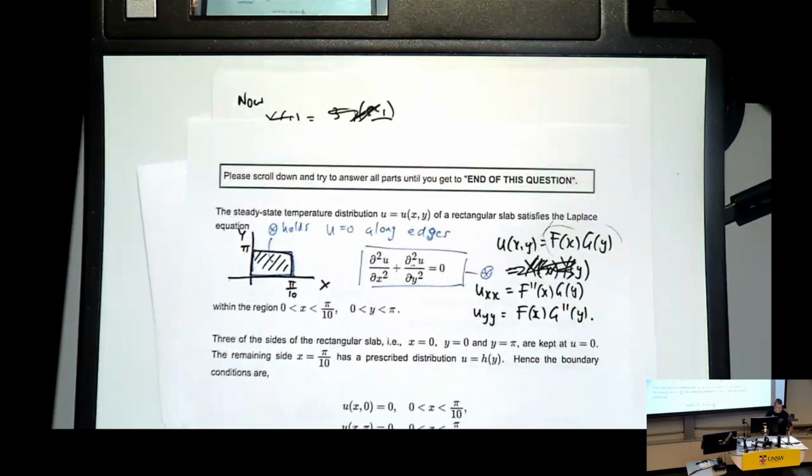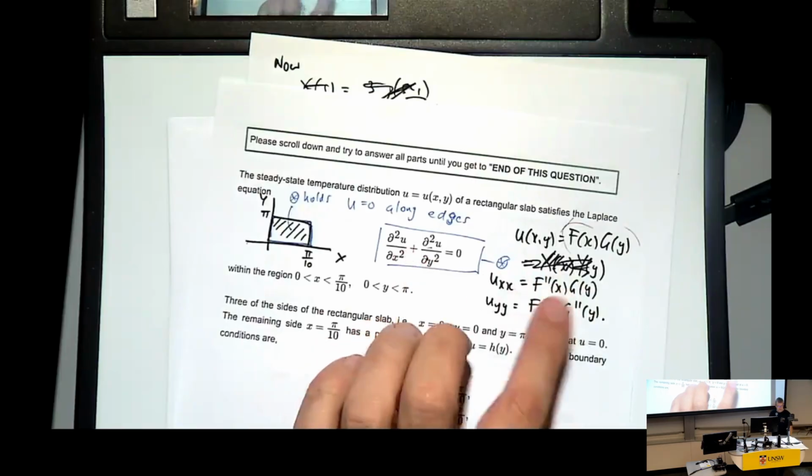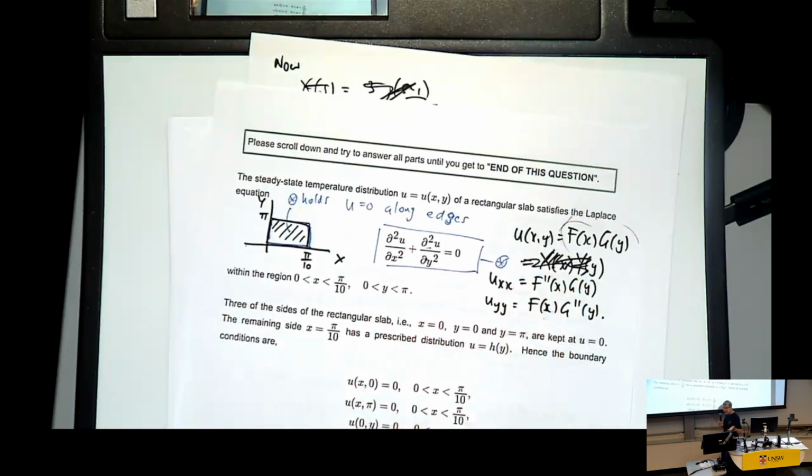So if I was to substitute those forms into there and separate the variables, I'm going to get two sets of equations. One is for f and f double prime, and the other is for g and g double prime.